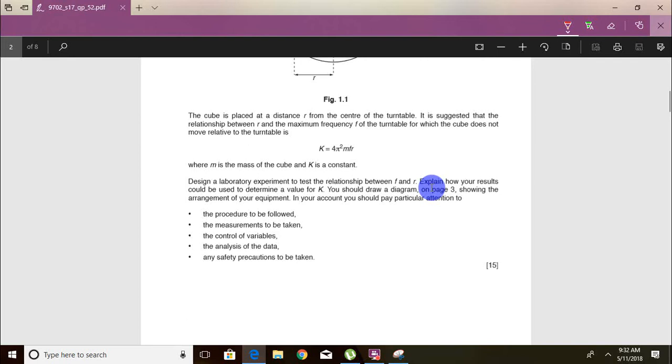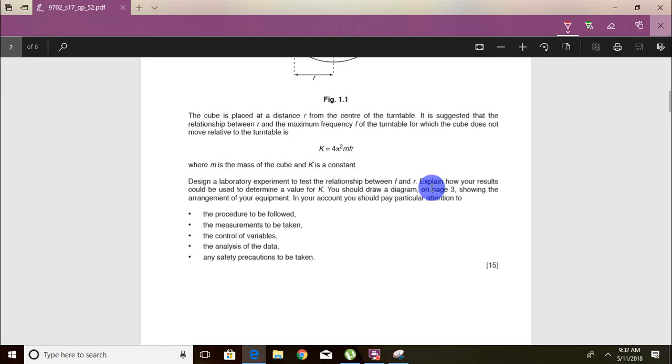Just think of it like you making a plan diagram for someone who is a complete newbie and about to do a dangerous experiment. You're going to have to be very thorough with your diagram in case the poor guy does something really terrible and gets hurt. Then the procedure to be followed, the steps you're going to take, the measurements to be taken, and what sort of variables you are going to need to control.